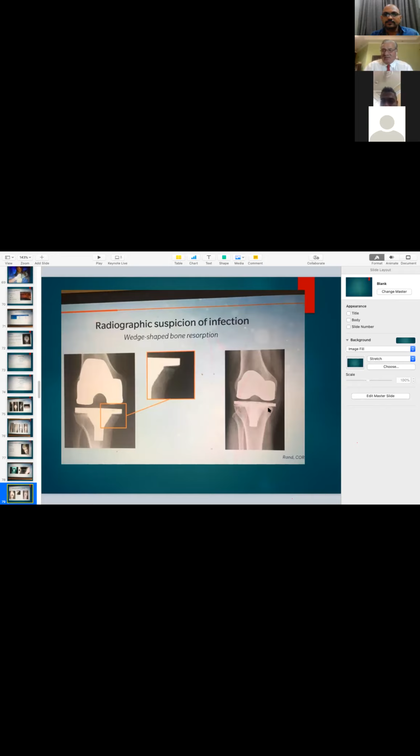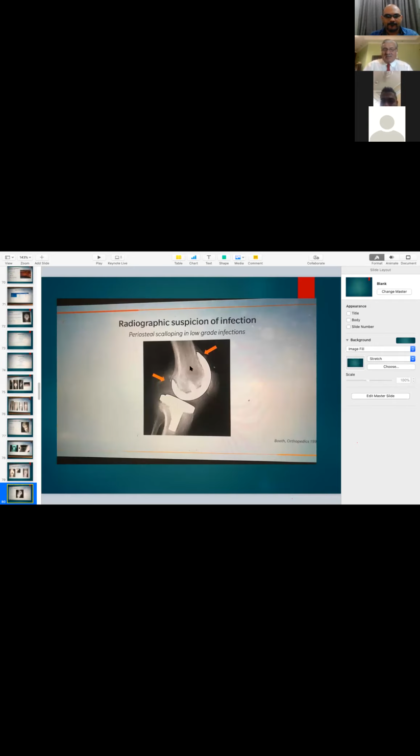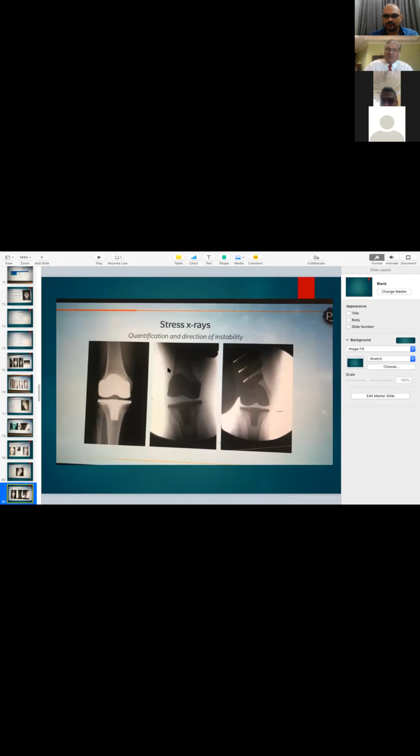There is infection. If you look, this is medial wedge resorption. This also helps in diagnosis. Sometimes when you see periosteal scalloping anteriorly and posteriorly, this also guides you. So by simple X-ray, carefully reviewed, you find the causes of why the knee is painful.